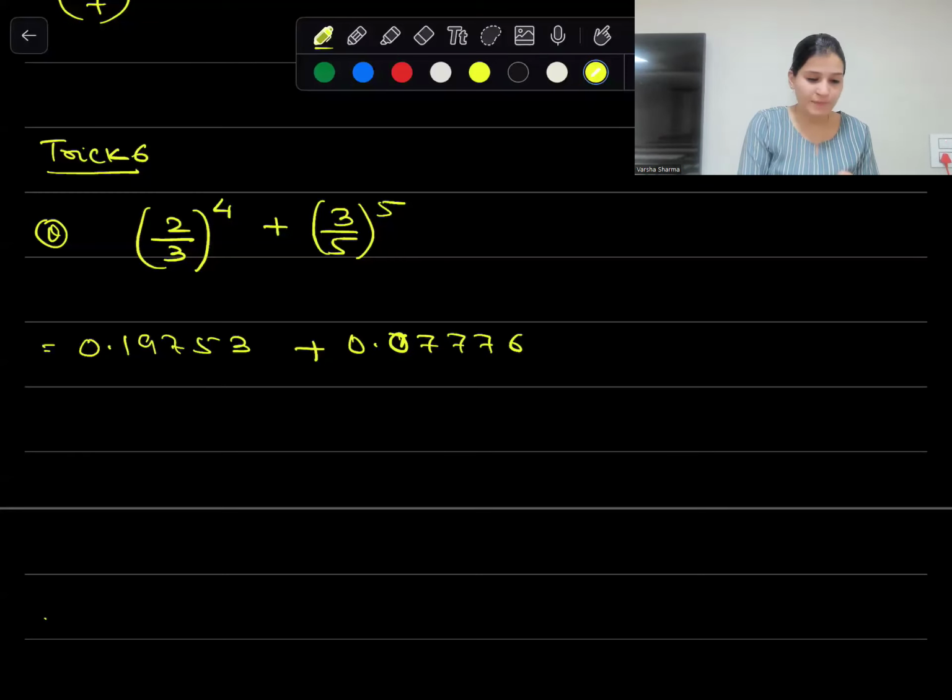So adding both of them up, how much do we get? 0.27512. 0.27523.